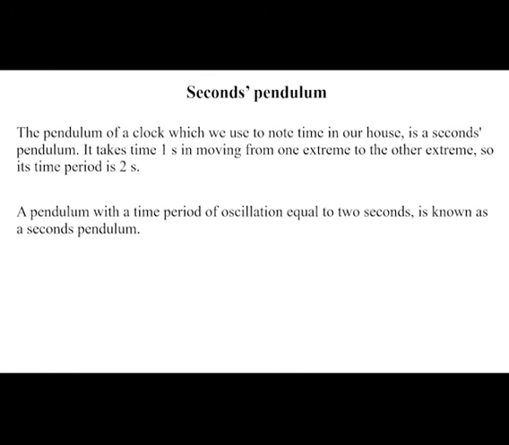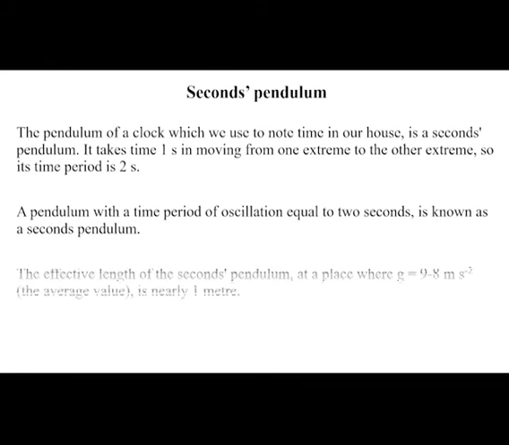A pendulum with period of oscillation equal to 2 seconds is known as a seconds pendulum. The effective length of the seconds pendulum at a place where g is 9.8 meter per second square is nearly 1 meter.